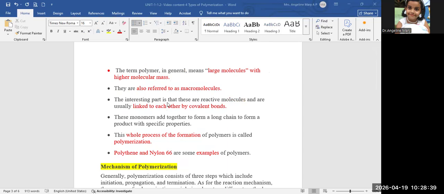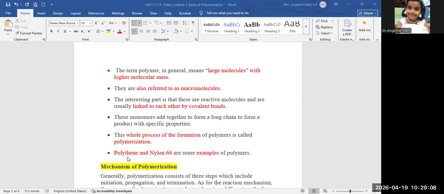The interesting part is that these are reactive molecules and are usually linked to each other by covalent bonds. These monomers add together to form a long chain, giving a product with specific properties. This whole process of the formation of a polymer is called polymerization.